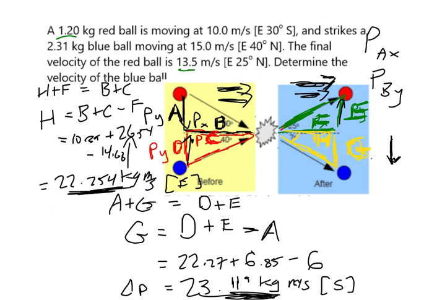I then pieced together that this one's going down, and this one's going down, this one's going up, and this one's going up, and I made myself a formula, and I added and subtracted the vectors the right way to get a net amount right here at G. Then in X, I found this one and this one should be equivalent to this one and this one, and I found what H's momentum was. Once I found 2 sides of a triangle, I used Pythagoras' theorem to find the 3rd side, and I used an inverse tangent to find the other angle.